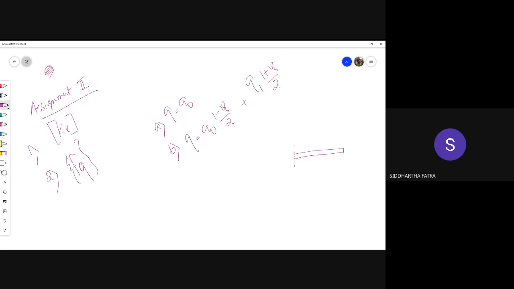So what you are drawing is the free body diagram of this bar. On the right end, if you are applying a force of P, in the left end you will be developing a reaction force, and that reaction force should be equal and opposite to that P. If you add some distributed load also, a linear function, quadratic function, a constant, whatever the case may be, it is going to be P plus integration Q dx, but with a negative sign. Because the net force in the bar should be 0, because the bar is in equilibrium.